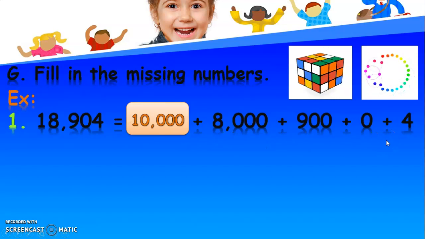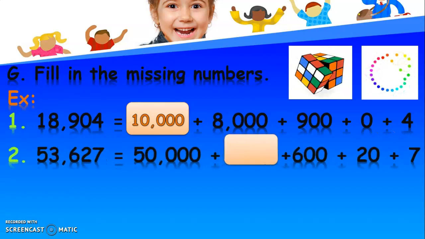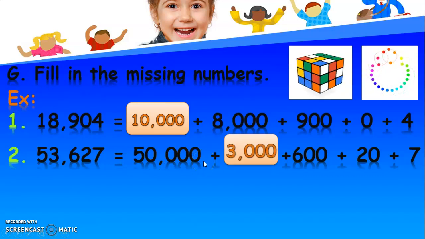Let's see the answer for number 2. For number 2, 53,627 equals 50,000 plus, the answer is 3,000 plus 600 plus 20 plus 7.